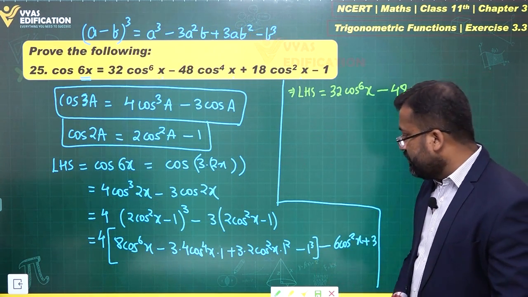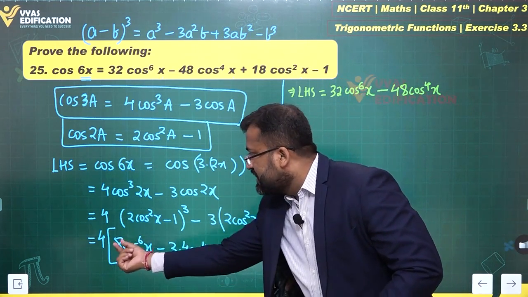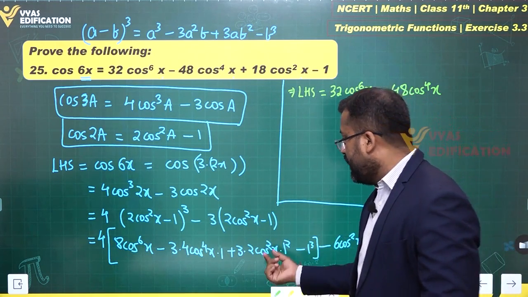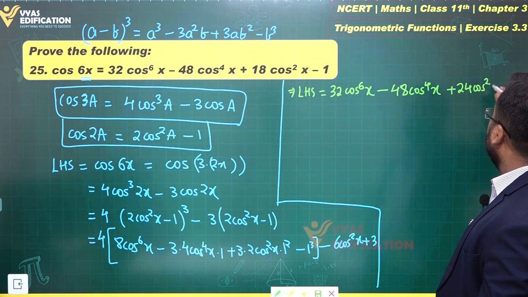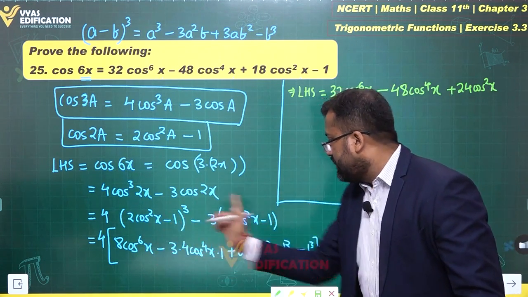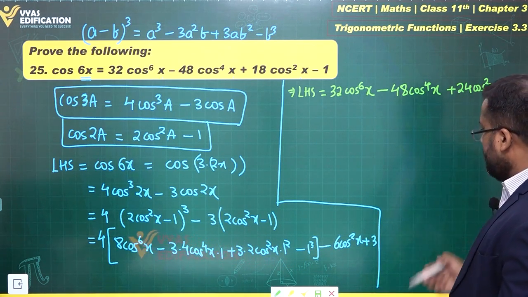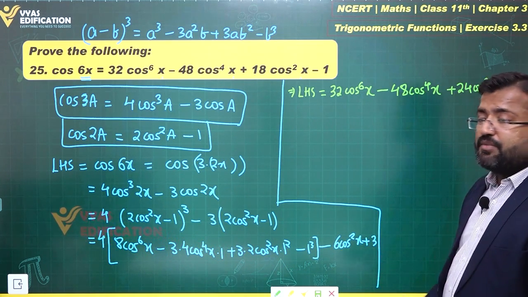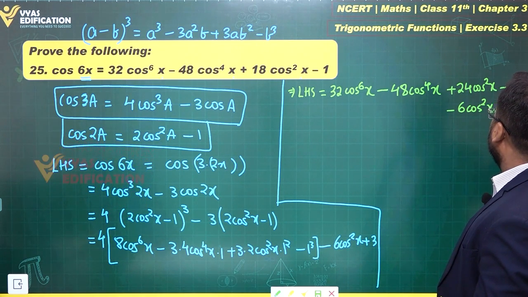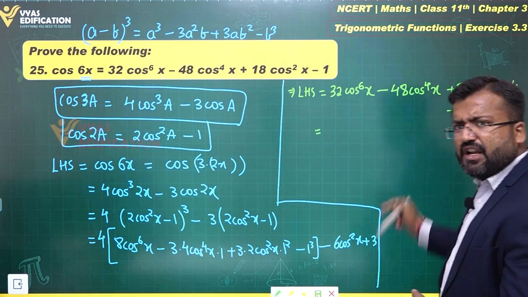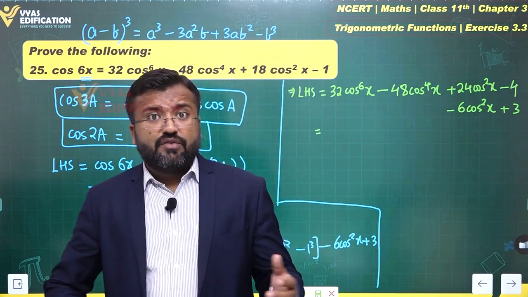This is again matching over there. 3 times 2, 6 times 4 is 24 times cos square x. And minus 1, this becomes minus 4. This is minus 6 cos square x plus 3 remains. And now they can be clubbed together, added together, and we will get the result.